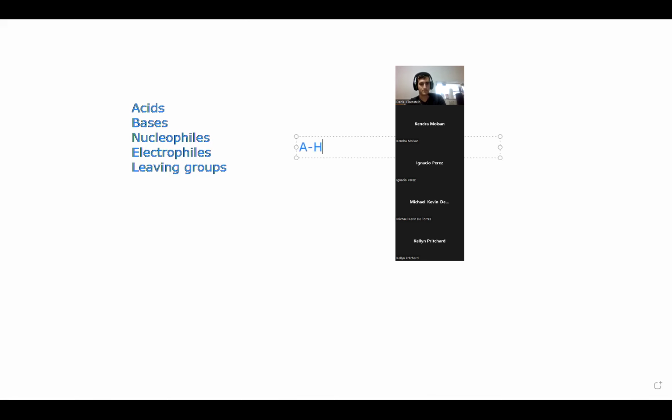The general acid-base reaction is also called a proton transfer. A lot of you are going to get a proton transfer confused with a nucleophilic attack.